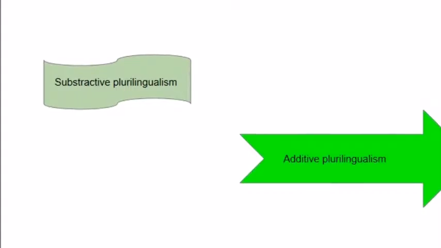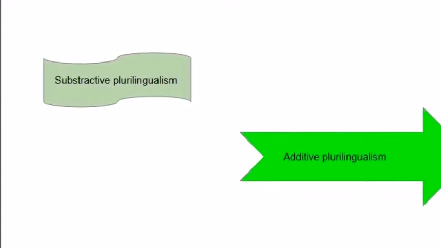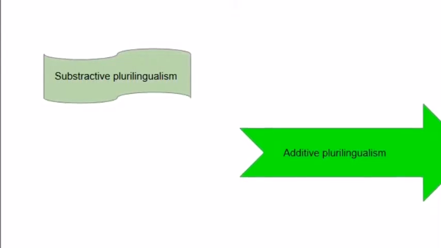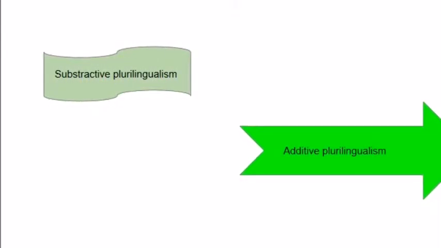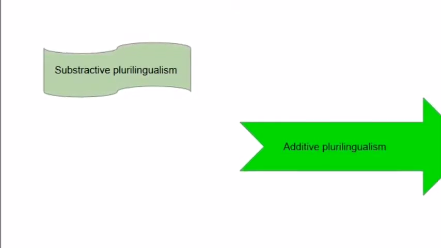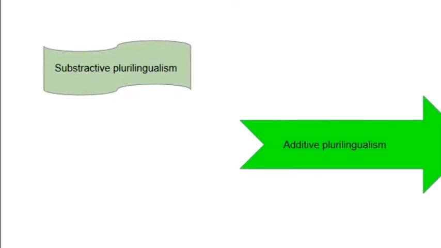But, on the contrary, if the minority language is developed further than the majority, students will learn both languages without dismissing the less used language. In this case, it will be an additive plurilingualism.